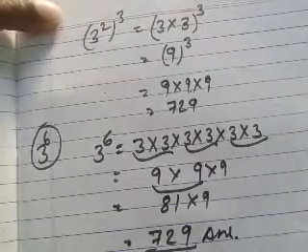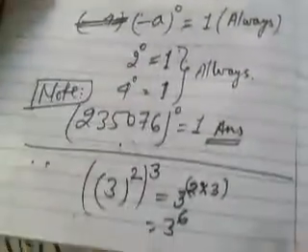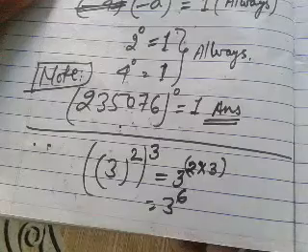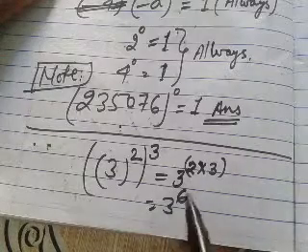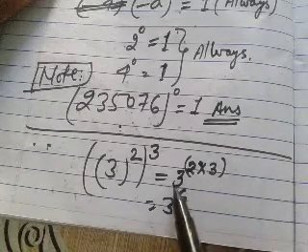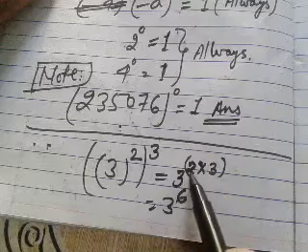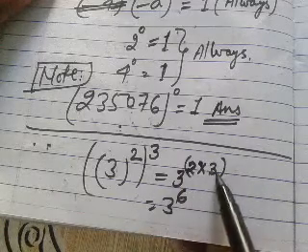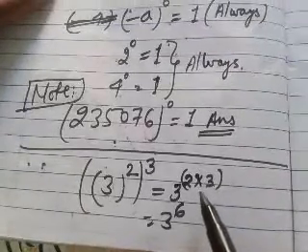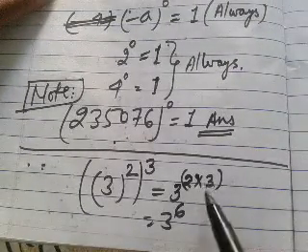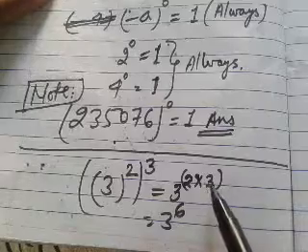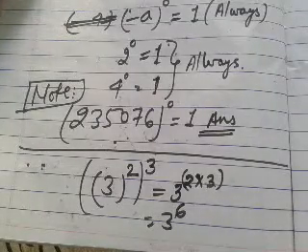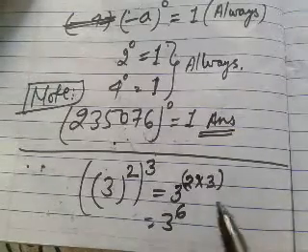So when we multiply an expression in its power form, its equivalent value is the base raised to the power 2 multiplied by 3, as it is. If we add this, then your answer will be wrong. Remember this point.